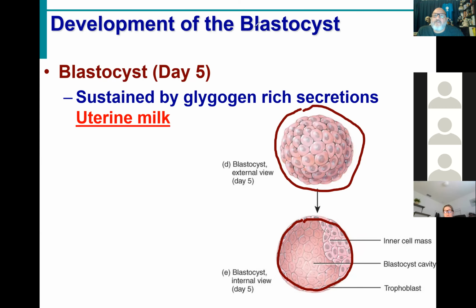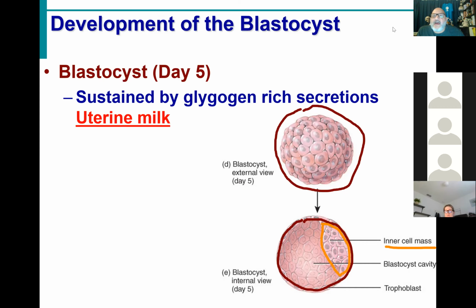But notice we're finally seeing some differentiation on the inside. In one portion of the blastocyst, we are getting a dense clustering of cells. All these cells tightly packing together, forming what is known as the inner cell mass.